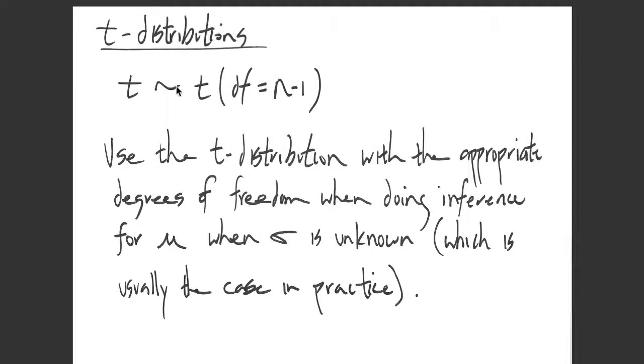I say the t-score has a t distribution whose degrees of freedom are n-1. And we're going to use these t distributions with the right degrees of freedom when we're doing inference for mu, when we're doing confidence intervals or significance tests, when sigma is unknown. And as I said, that's usually the case in practice.